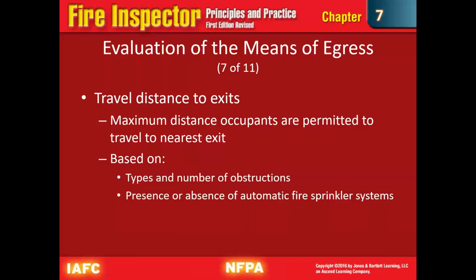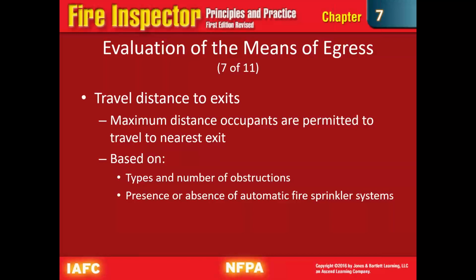All right, your travel distance to exits. You have your maximum distance that occupants are permitted. So that's if you have an exit that's more easily accessible to you down the hall rather than getting crammed in with everybody else trying to use the same set of exits.